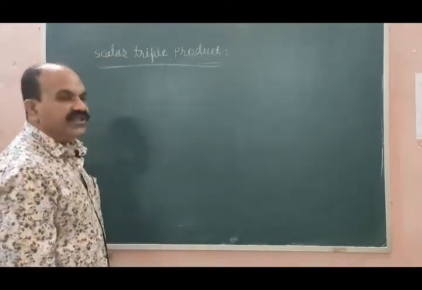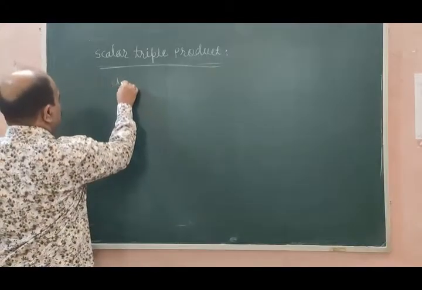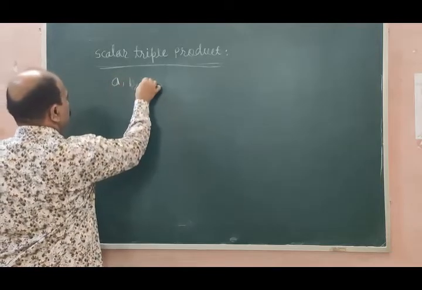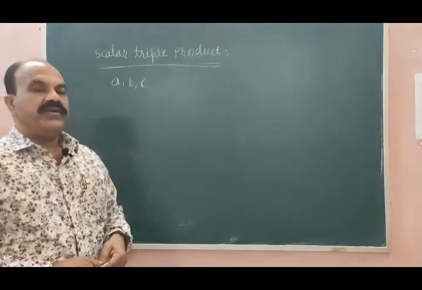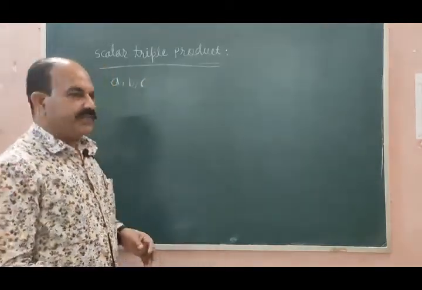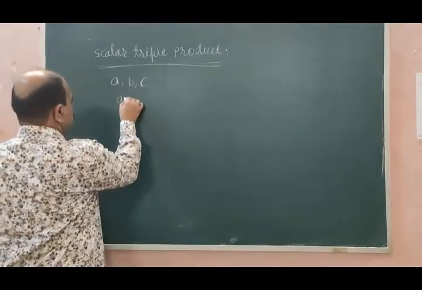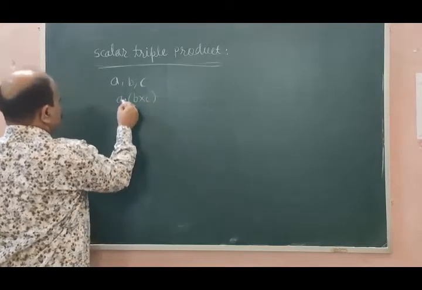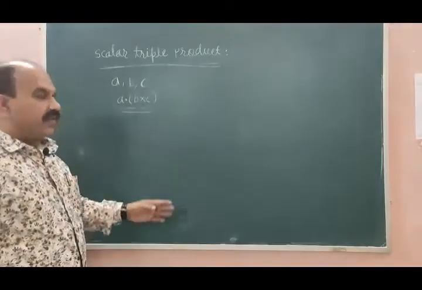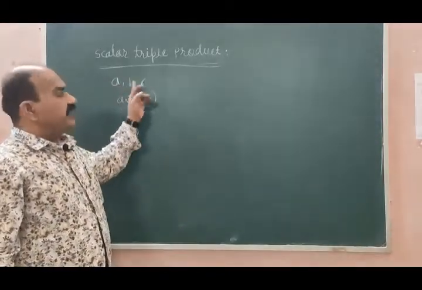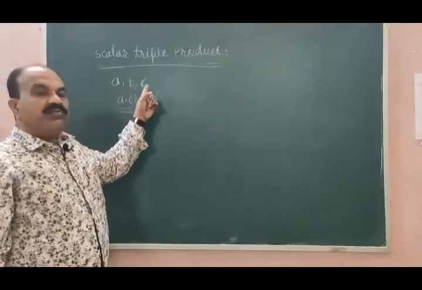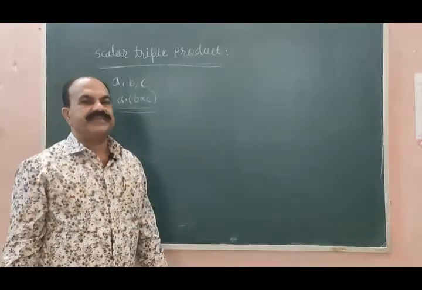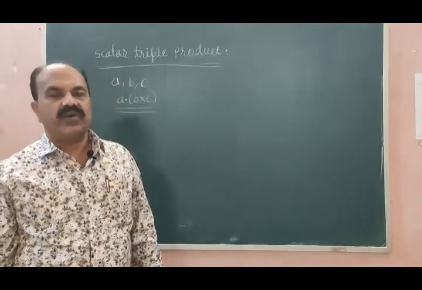Let us consider three vectors: vector A, vector B and vector C. We are given three vectors, vector A, vector B, vector C. Product of these three vectors taken this way, A dot B cross C, is known as scalar triple product.